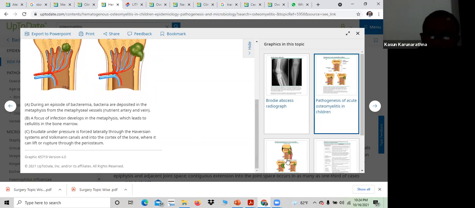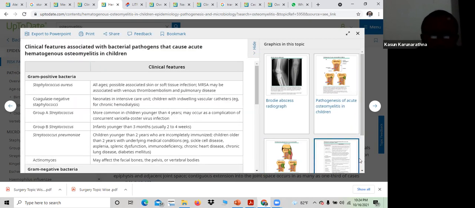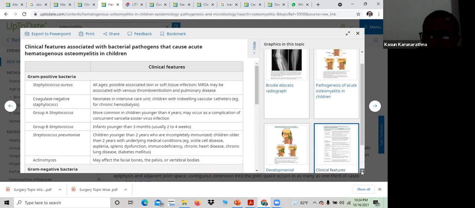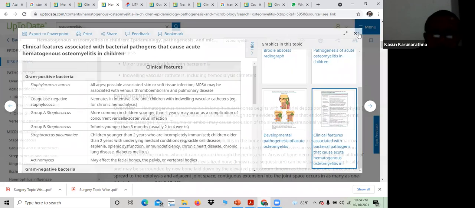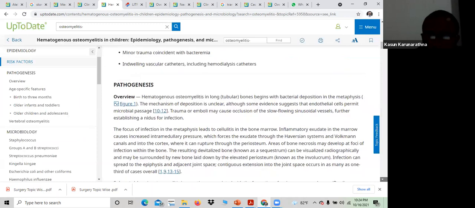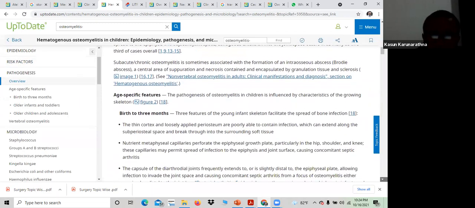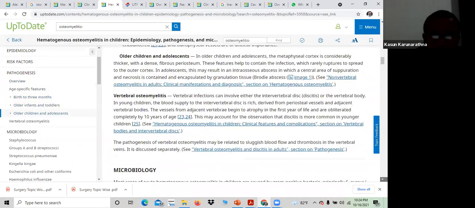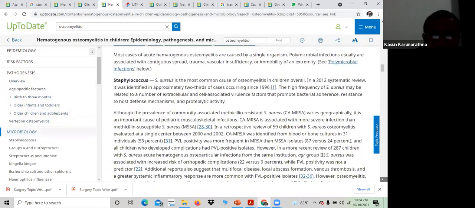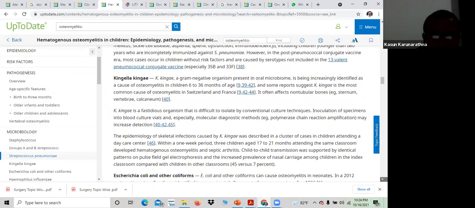And Staph aureus is a common organism. What else? And surgical intervention, no? I think it's surgical intervention, no?